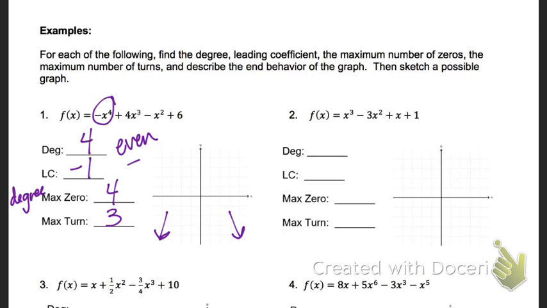I want something that has 4 zeros and 3 turns. So try to fill in the middle. Doesn't matter where they hit or what they do, but it needs to have 4 zeros and 3 turns. So mine's going to kind of look like an M.